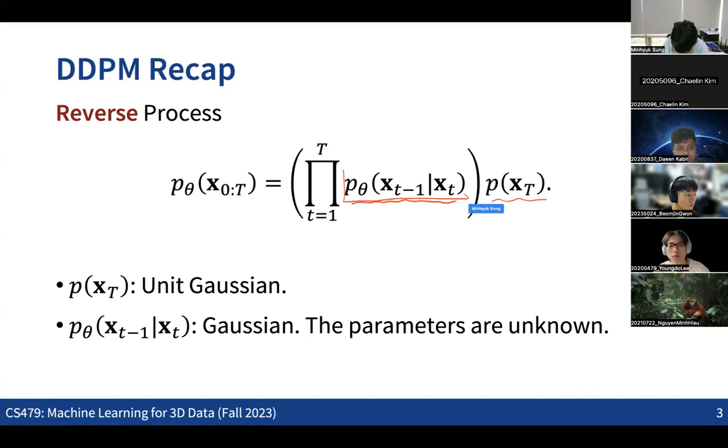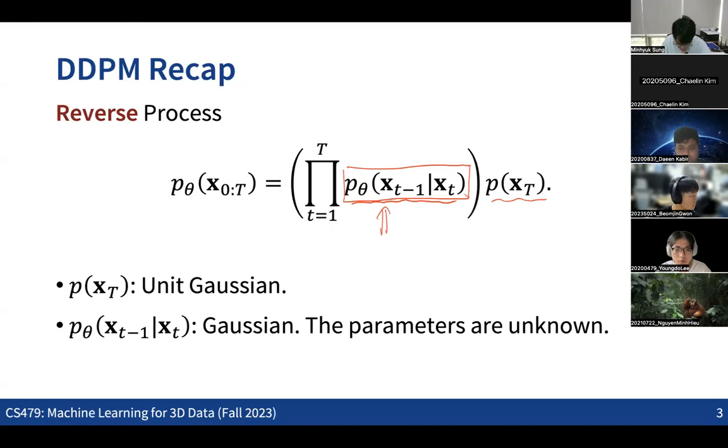The goal is, given the fixed forward process, how we estimate the parameters for the transition of the reverse process, which is the goal in the neural net training. So that's what we are going to do.